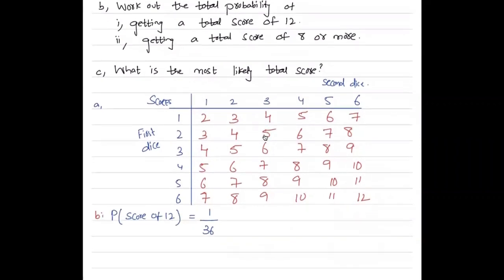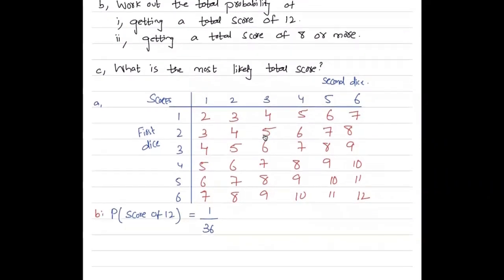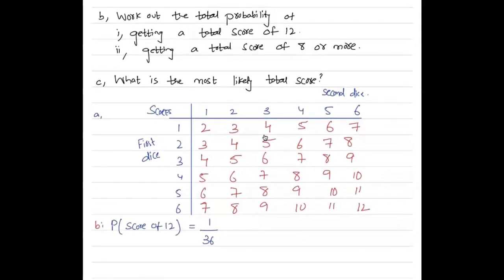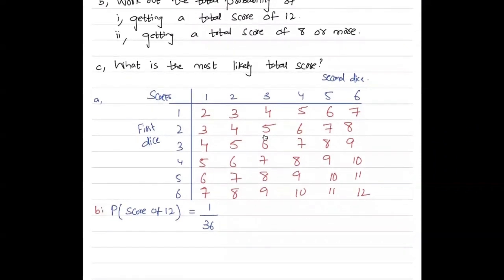Okay, part 2 says getting a total score of 8 or more. So you're going to count from the possibility diagram. How many times are you getting a total score of 8 or more? 15 over 36. 4, 5, 6, 7, 8, 9.